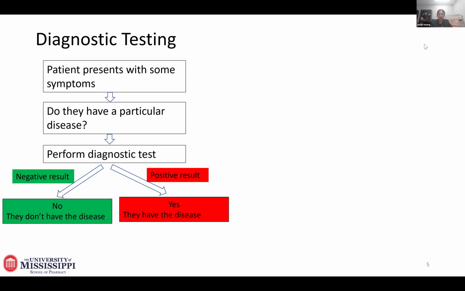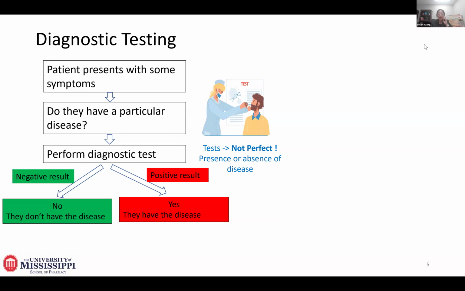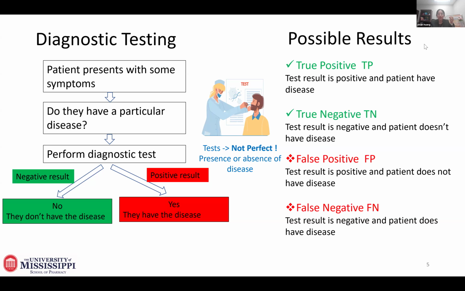As I just mentioned, in clinical practice, when the patient goes through the diagnostic testing, the possible results can be negative, meaning the patient does not have the disease, or positive, meaning the patient has the disease. But like I said, it really depends on how good, how accurate a diagnostic test tool is.